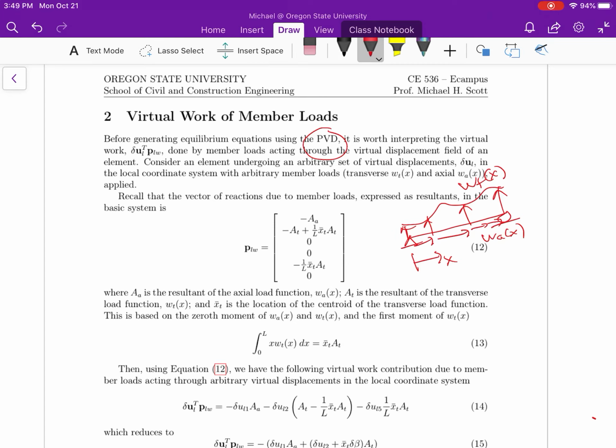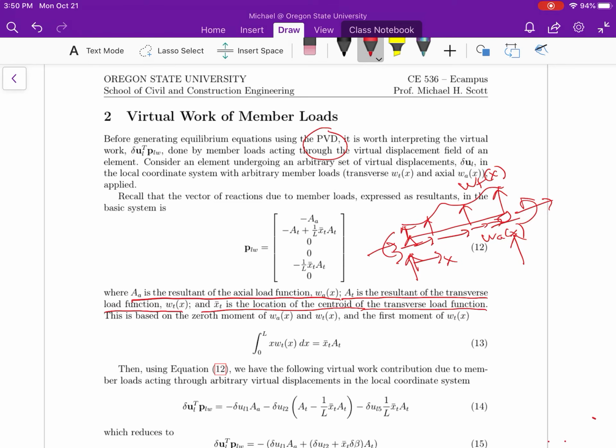So the reactions of the basic system, i.e. this force, that force, that force, that force, our 6 local forces, can be expressed in terms of the resultants of these loads. A sub A is the resultant of the axial load function, WA of X. A sub T is the resultant of the transverse load function, and then X bar T is the location where that resultant acts.